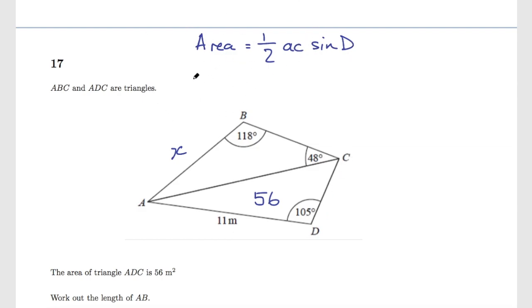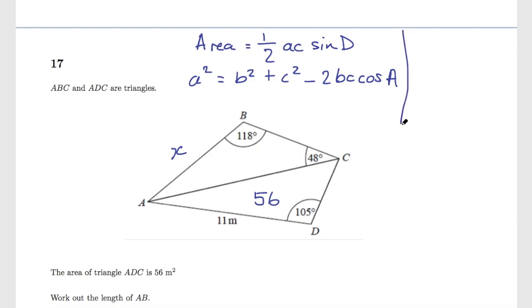The other formulas we need are the cosine rule, which says that one side squared, a squared equals the other side squared minus 2 lots of BC cos of the angle you're given. So this allows you to find one side if you're given two other sides and an angle.